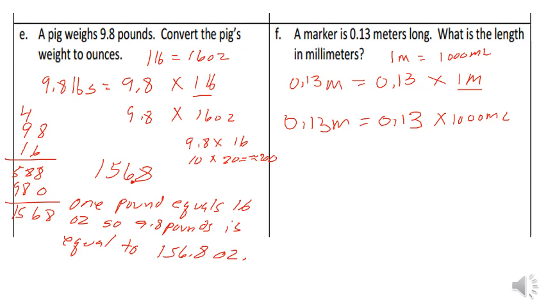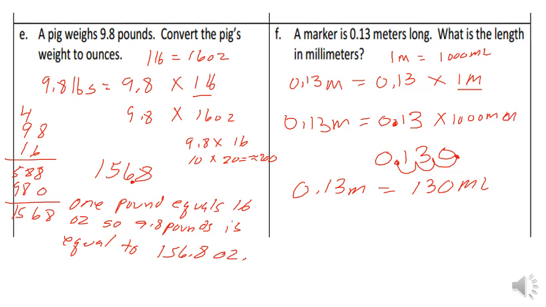Now we're going to multiply it out. So I get 1,000 times 13 hundredths. I know when I multiply by 1,000, it shifts 3 place values. So if I have 0.13, we're shifting 3 place values: 1, 2, 3. So now we know that 0.13 meters equals 130 millimeters.